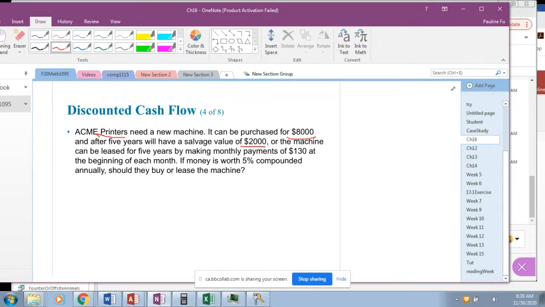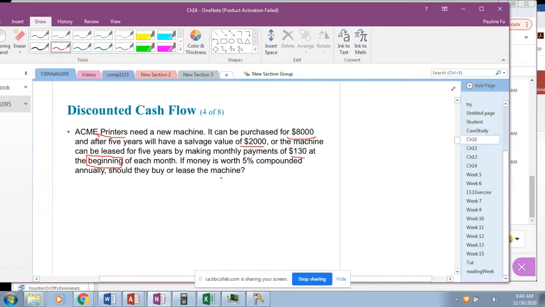Another alternative is the machine can be leased for 5 years by making a monthly payment of $130 at the beginning of each month. If money is worth 5% compounded annually, should you buy or lease the machine?